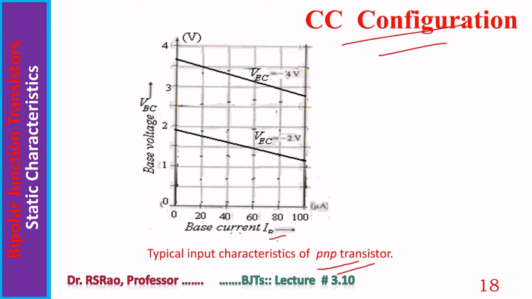Horizontal axis represents base current, vertical axis base to collector voltage. Notice with increase in base to collector voltage, base current is falling. Two curves are shown, one for VEC minus 2 volts, another for VEC minus 4 volts.